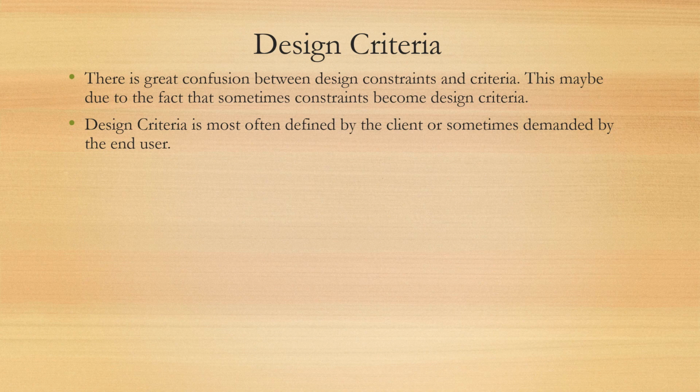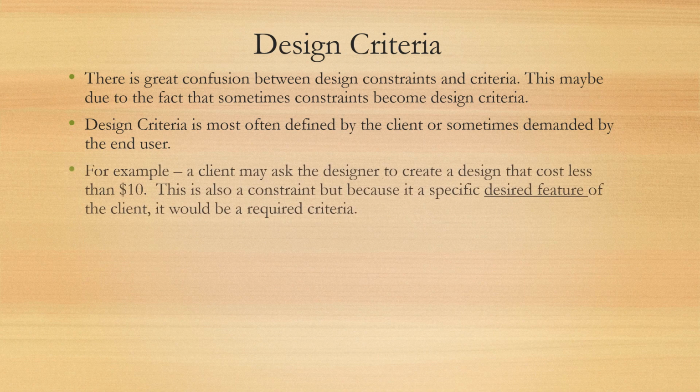Sometimes the end user, the consumer of this product, will be demanding specific unique features of that design solution. And then as we put them out on the market and we see consumers selecting certain products over others, that's when the real demand becomes clear, and that's when clients often come back and say, now we must have this key feature because our customer is expecting this key feature in the design solution.